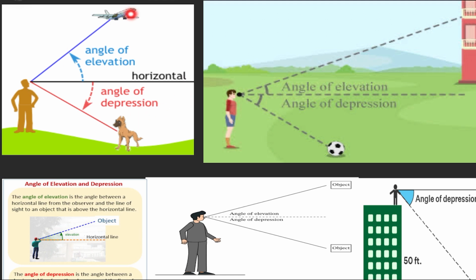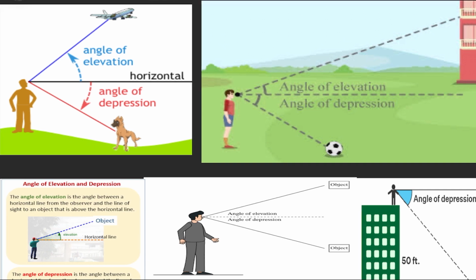Here the man is observing an aeroplane from the ground level. His vision above this horizontal, I take as angle of elevation. That is the normal ray. Then below that horizontal line, I take it as angle of depression. Same way here also, a boy is going to observe the top of the building. It could be the first or second floor, somewhere above.